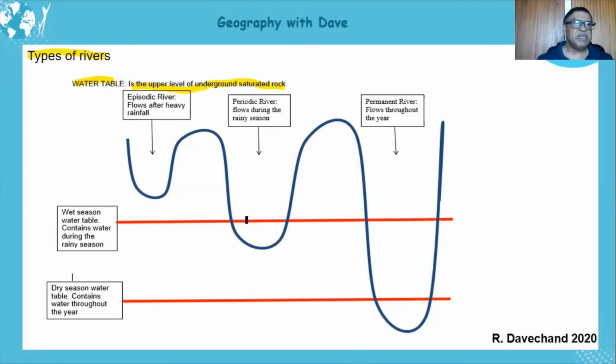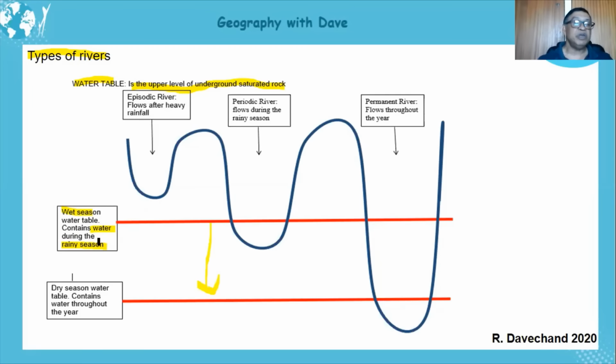So let's make sense of it then. We have the wet season water table, which contains water during the rainy season. So in the rainy season, the water table is high up. But when it stops or there's limited rainfall, the water table is going to drop.